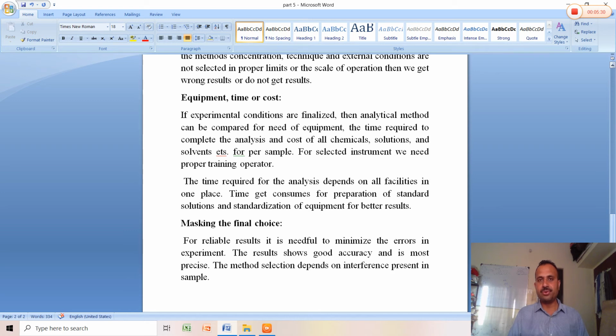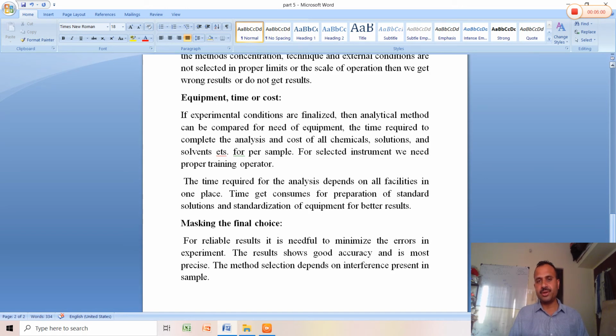Time requirement is also one of the most important factors among experimental conditions. Time gets consumed for preparation of standard solution. The time-consuming process increases because of the preparation of standard solution and standardization of equipment for better results.